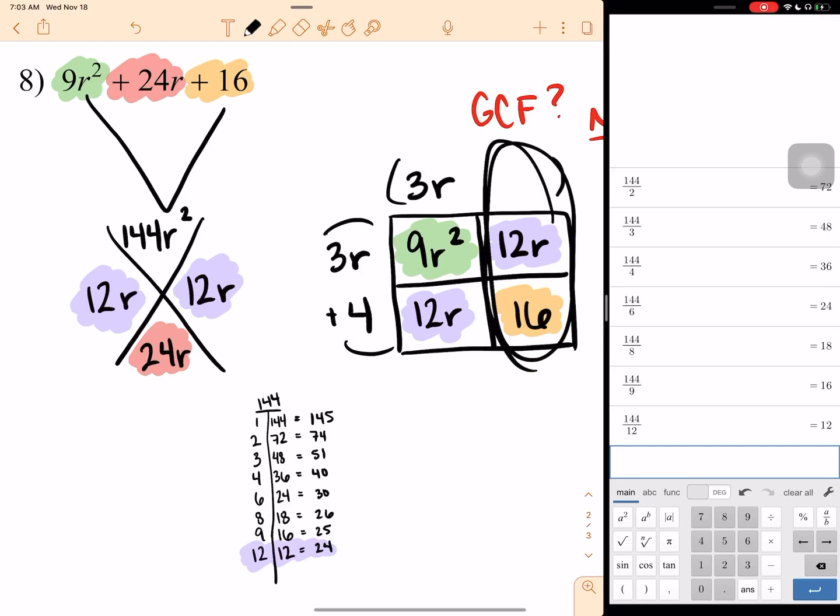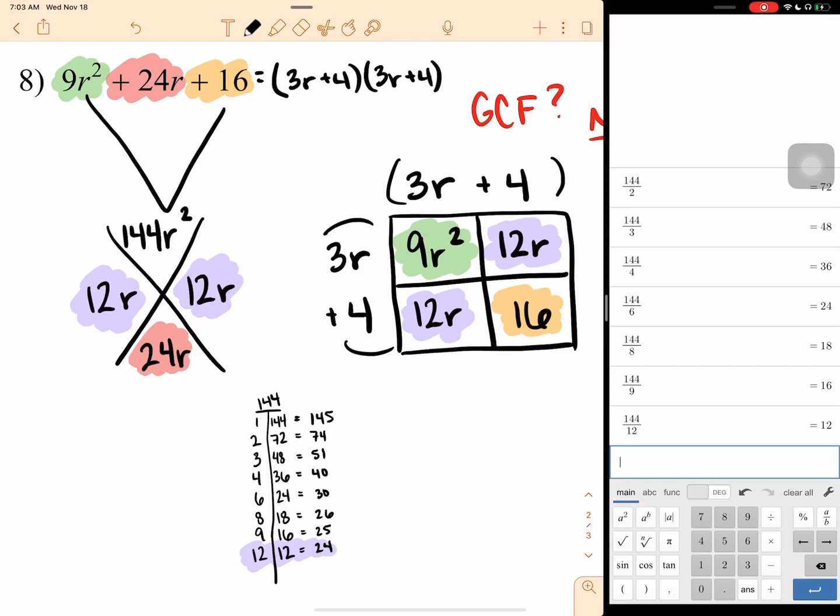So this one worked out really nicely. So this can be written as 3r plus 4 times 3r plus 4, which is also equal to 3r plus 4 squared. So this is what we would call a perfect square trinomial.